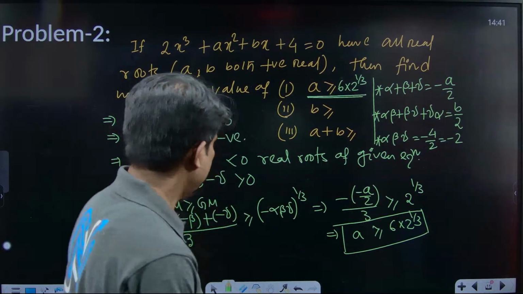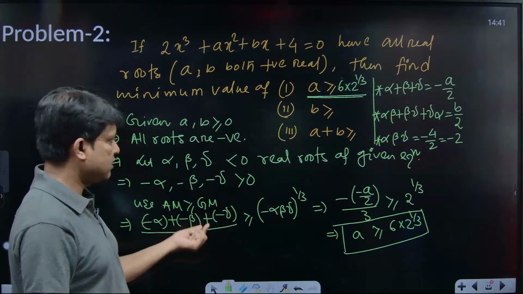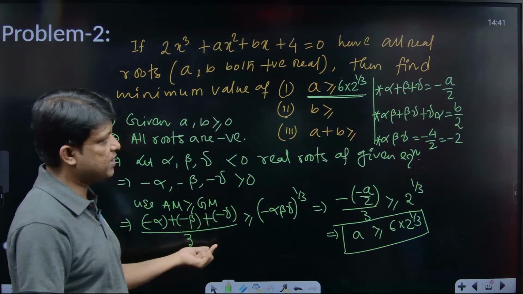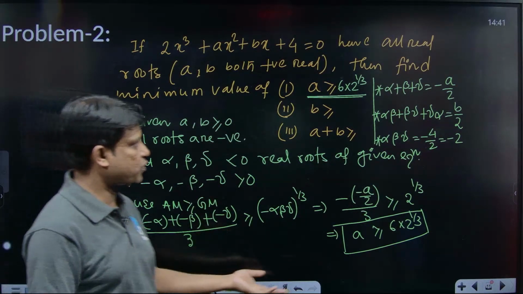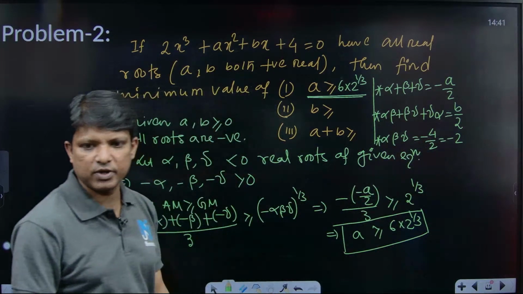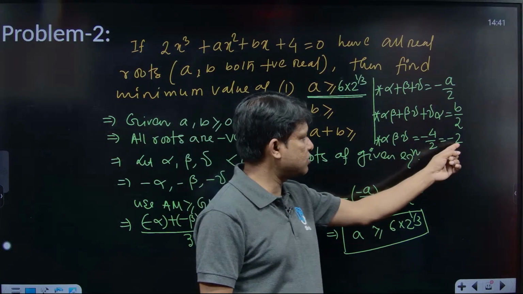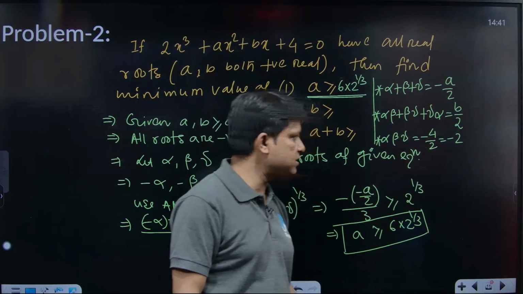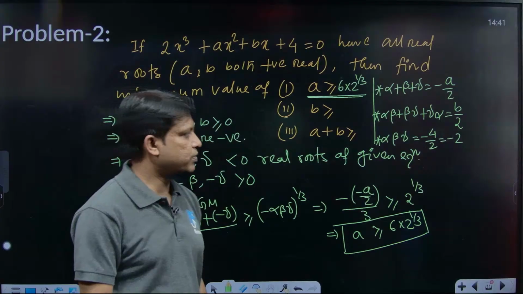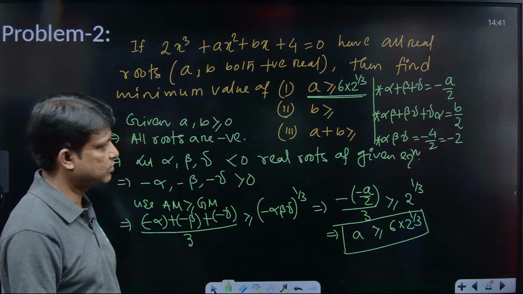Clear? Similarly we will get the minimum value of b. Alpha beta plus beta gamma plus gamma alpha, divided by 3, is greater than or equal to the product, alpha square beta square gamma square, whole power 1/3, which is alpha beta gamma whole power 2 by 3. Alpha beta gamma is minus 2, so whole power 2 by 3 gives 2 power 2 by 3.